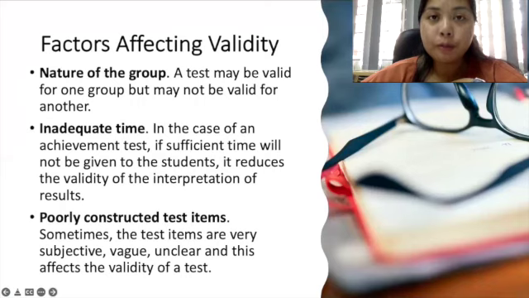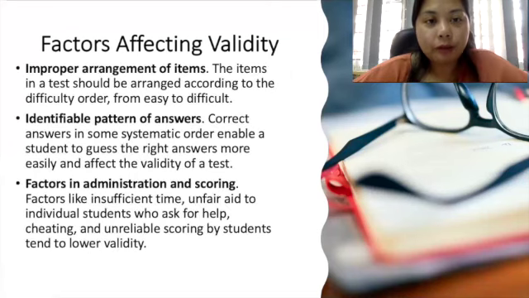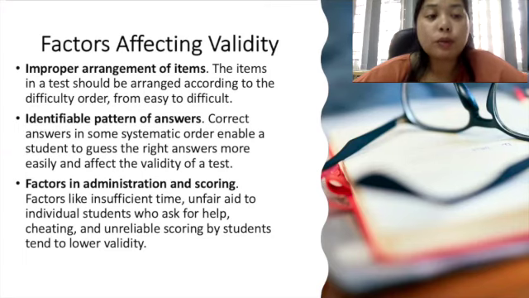Another factor, poorly constructed test items due to subjective, vague, and unclear test items. Another factor is improper arrangement of items. So the items in a test should be arranged according to the difficulty order from easy to difficult. Another factor is identifiable pattern of answers because this will lead students to guess the right answers.